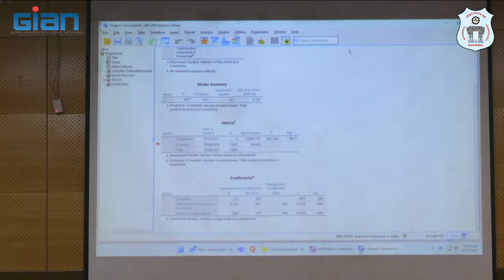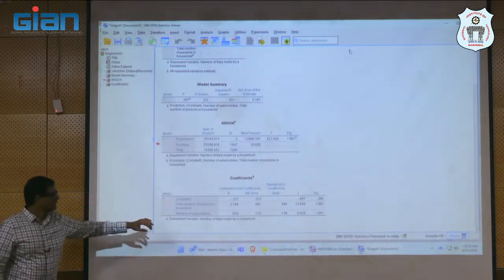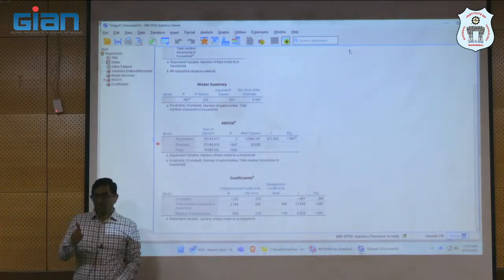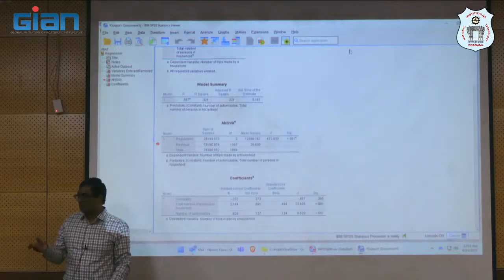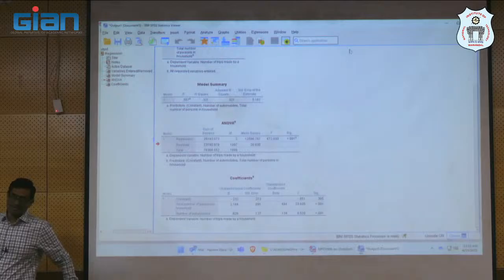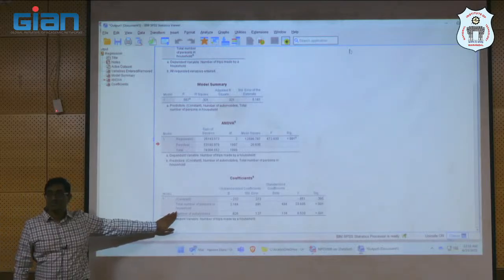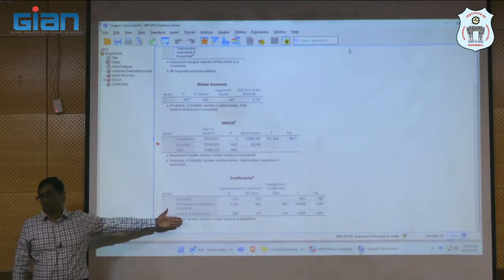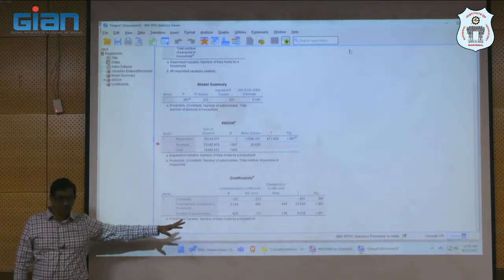It should increase by 2.18. So the first thing we look at is that it has a positive effect, as expected. As the number of persons increases, the number of trips will increase. Same thing with number of automobiles: more cars, more trips people need. Both are positive.